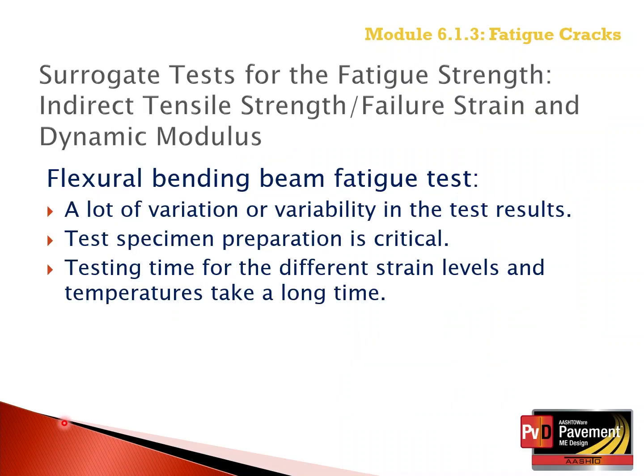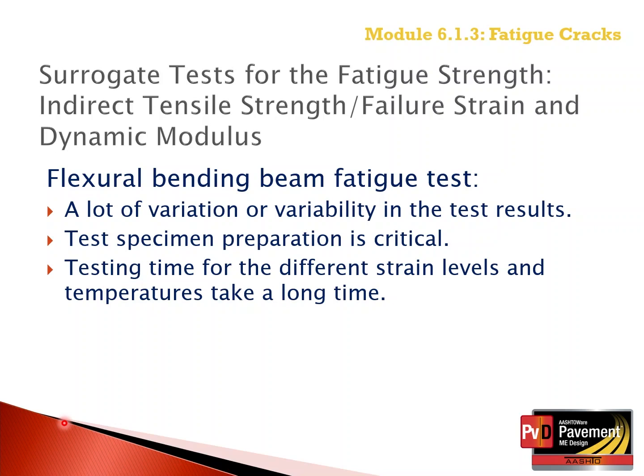As also mentioned in Module 445, a surrogate test has been used to derive the bottom-up fatigue cracking transfer function because of three major reasons. First, AASHTO T321 can exhibit a lot of variation in the test results between the tensile strain level and temperature, as was displayed on the previous slide.